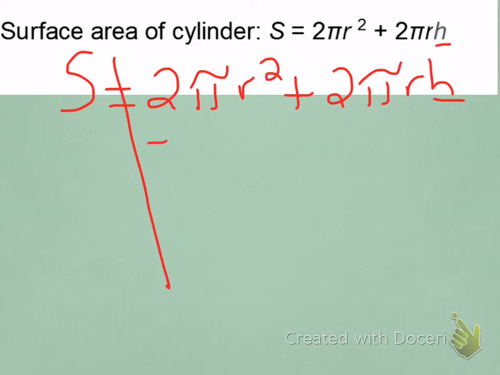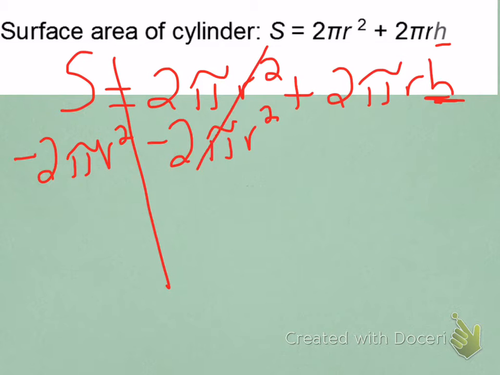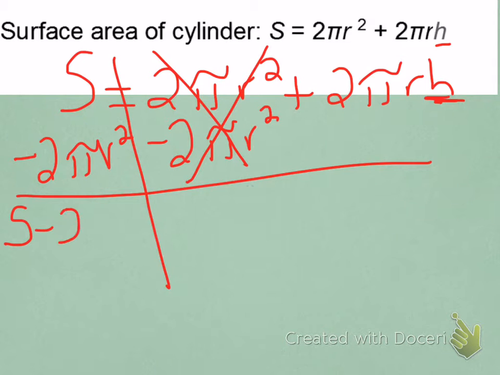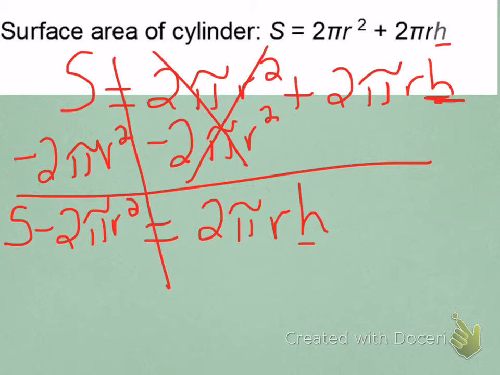So we're going to do the same thing, minus the opposite of positive 2 pi r squared, because we want to be left with the variable h by itself. So it's minus 2 pi r squared on both sides. So this cancels out. So on the left side, you're left with S minus 2 pi r squared. And on the right side, I have 2 pi radius height.